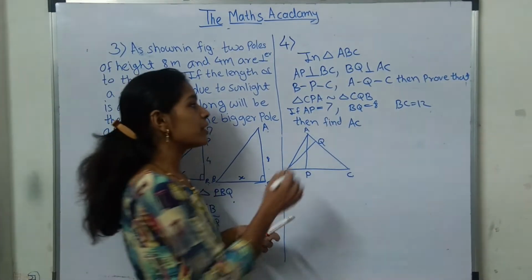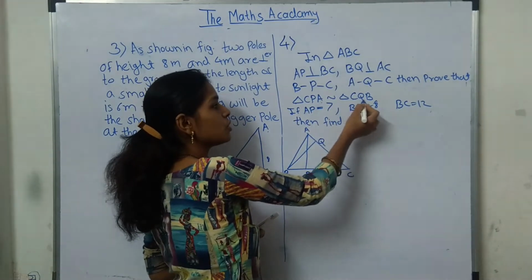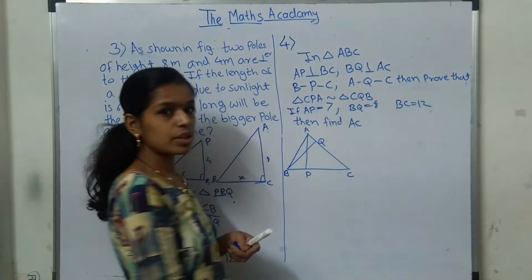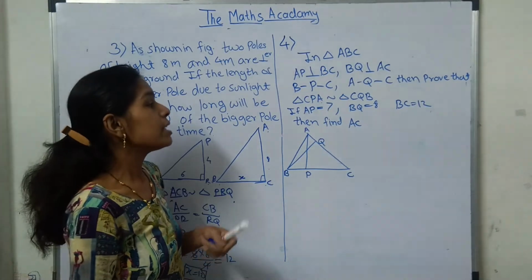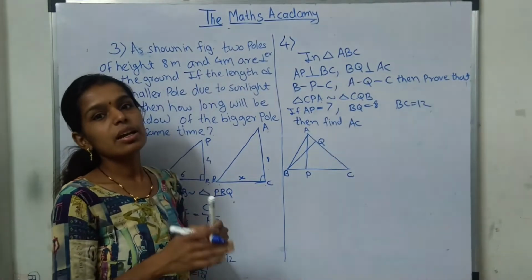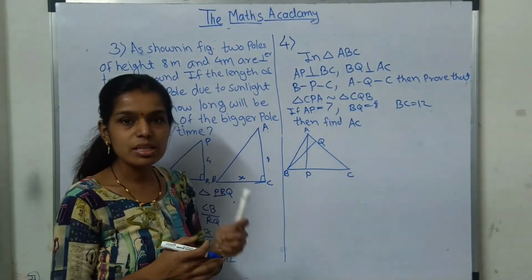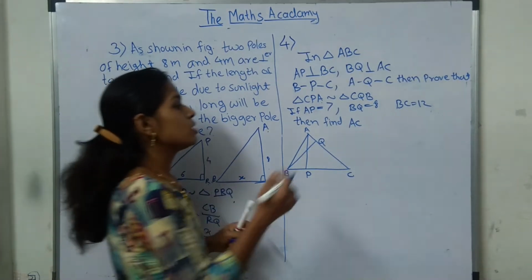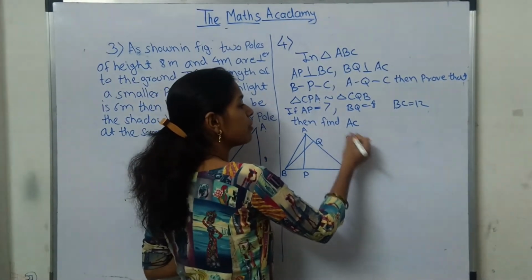For this you have given that triangle CPA is similar to CQB. As the triangles are similar, the ratio of their corresponding sides are equal. So by using this concept we will find out AC.